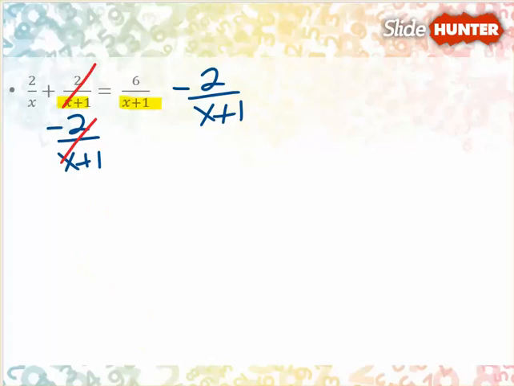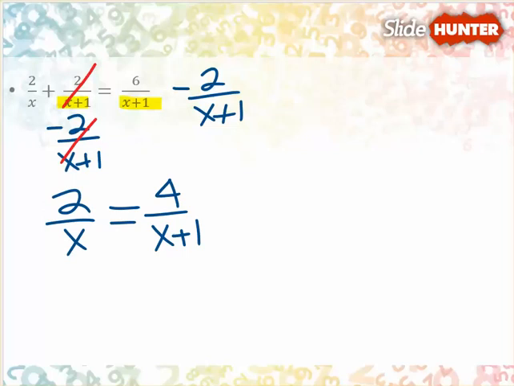So on the right side, I now have fractions with a common denominator. 6 over x plus 1 minus 2 over x plus 1. Remember, we're going to subtract the tops. So 6 minus 2 is 4. Bottom stays the same. So this simplifies down to 2 over x equals 4 over x plus 1.